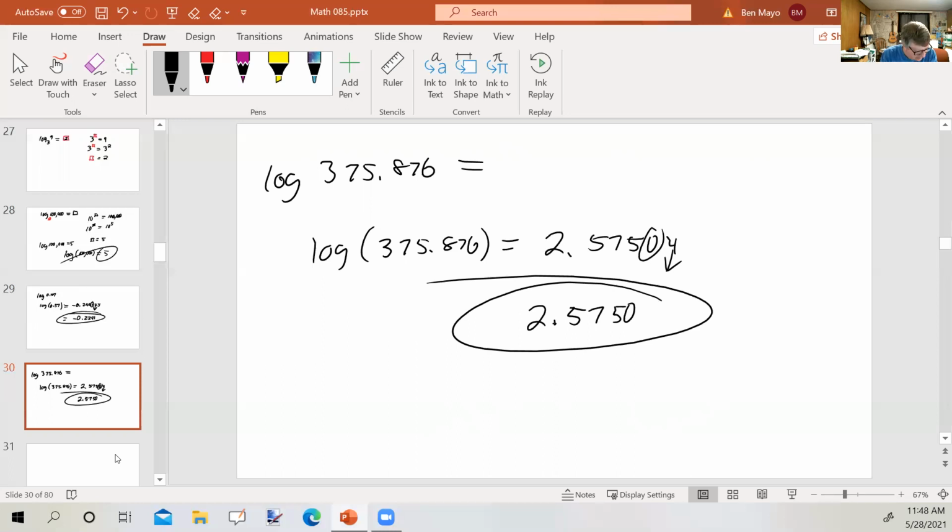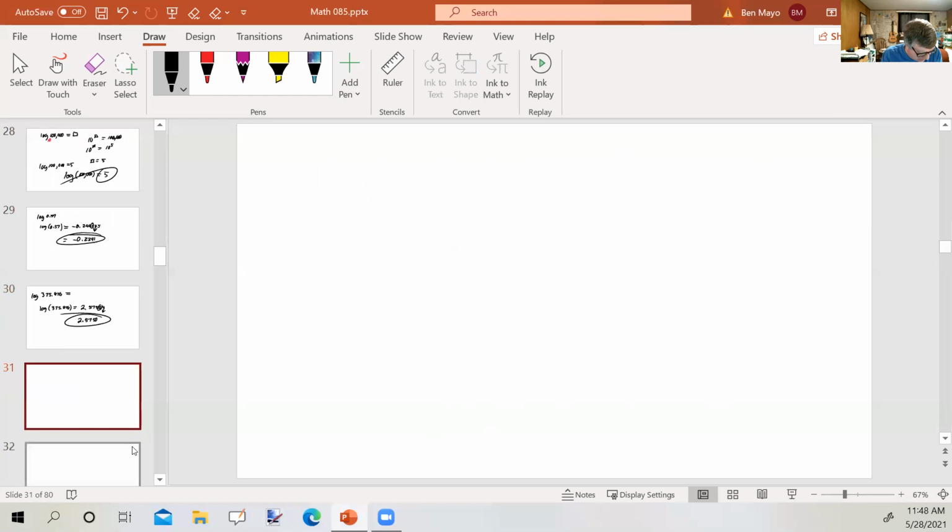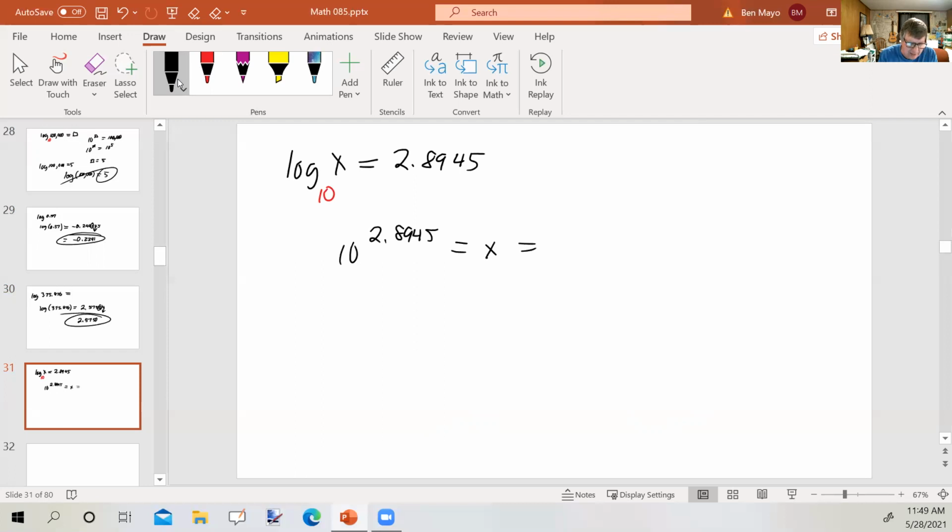Now, we're going to use the calculator to solve an equation. This says log of x equals 2.8945. Don't forget there's an implied 10 there. So I could rewrite that equation as 10 to the 2.8945 power equals x.